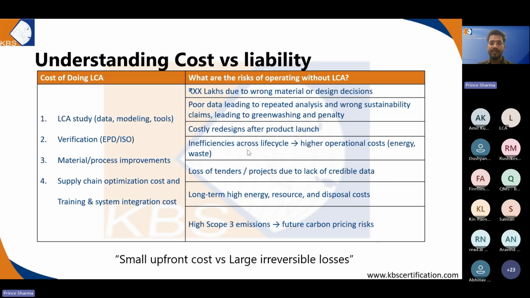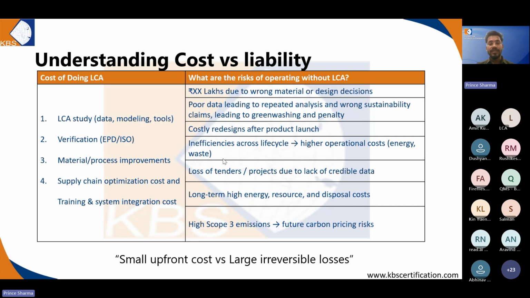Inefficiencies across the life cycle will be leading to higher operational costs like energy and waste. So of course, these are also important things that you will be paying for every day, right? And loss of the tender.